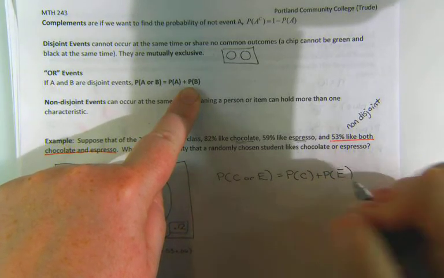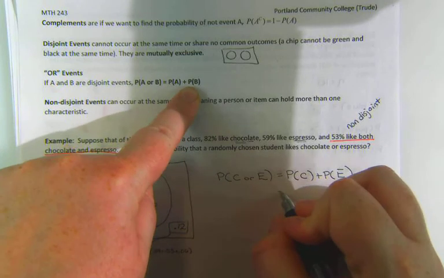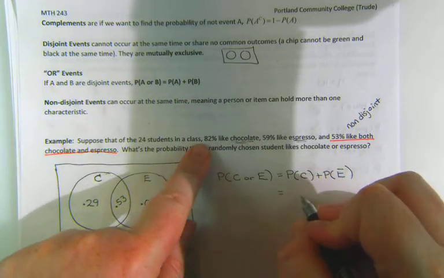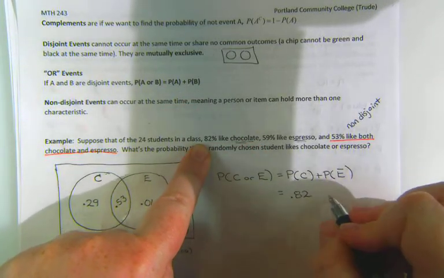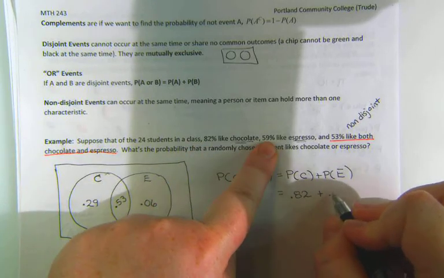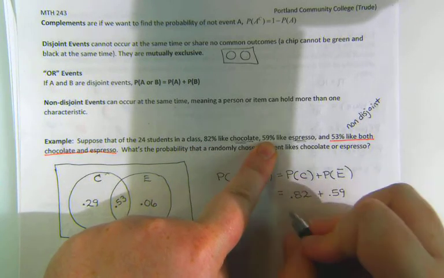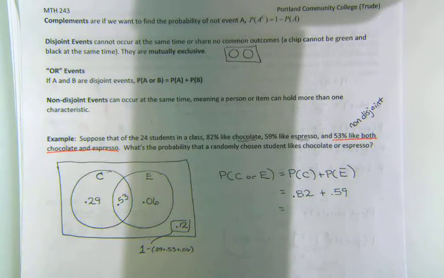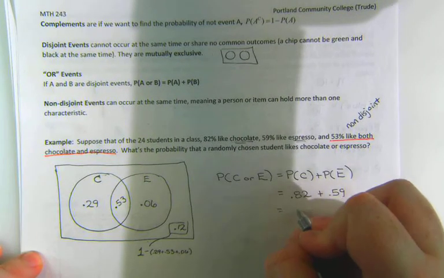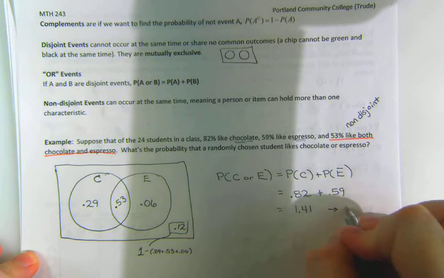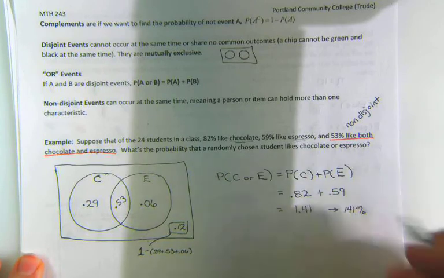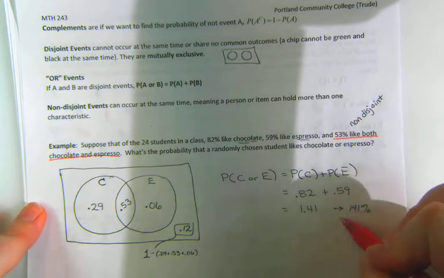So what we're interested in is the probability of liking chocolate or espresso for these non-disjoint events. To our rule for just adding the probabilities together, so you would take the probability of liking chocolate plus the probability of liking espresso, and let's see why that doesn't work.